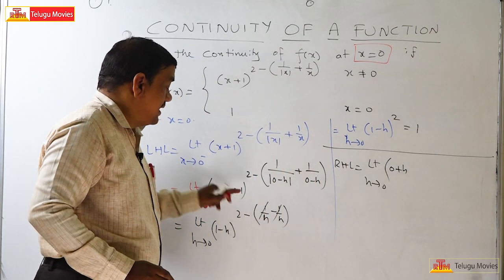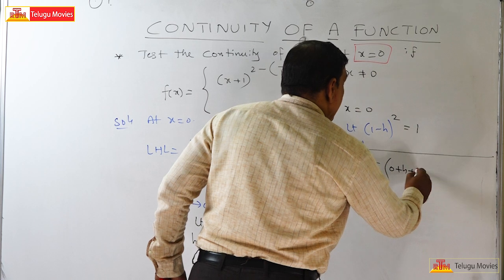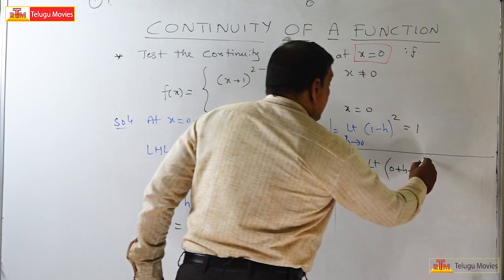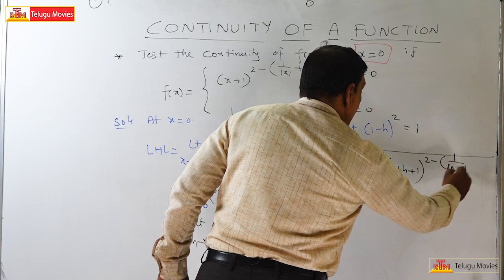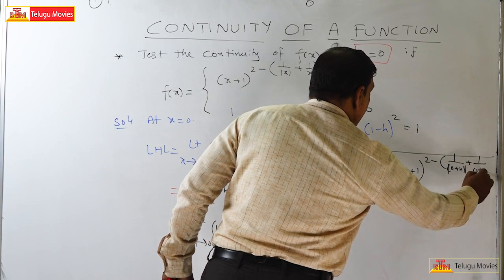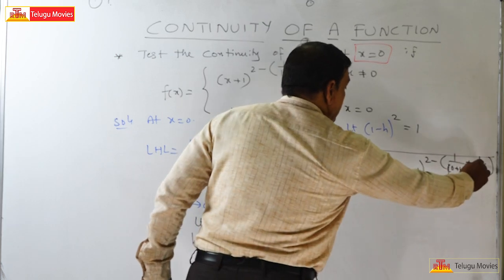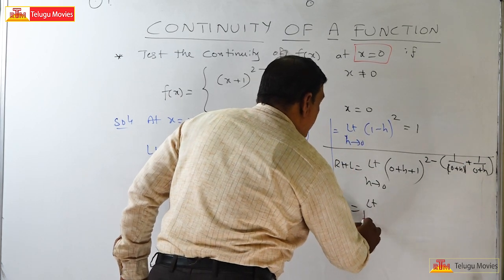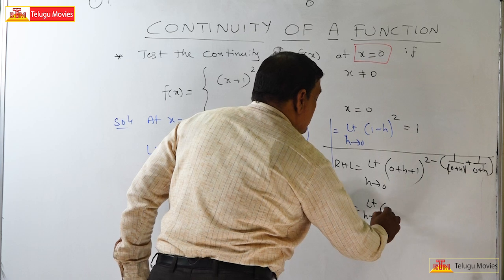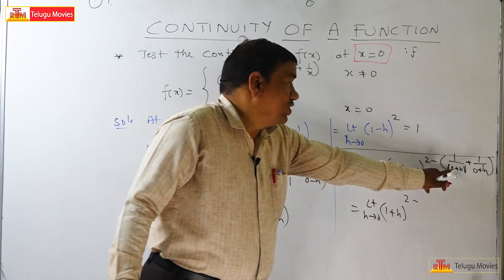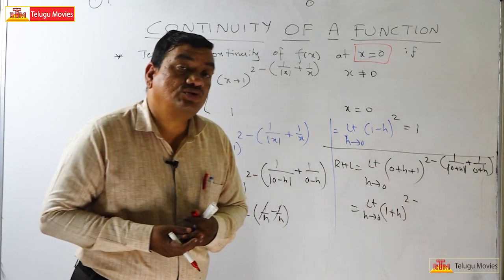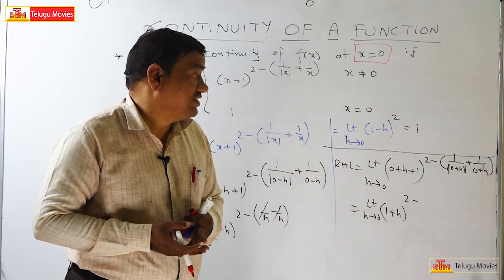So 0 plus h plus 1, whole to the power of 2, minus 1 by modulus of 0 plus h plus 1 by 0 plus h. So this is equal to the limit h tends to 0 of (1 plus h) whole to the power of 2, minus, as usual, the modulus of 0 plus h, which is h.